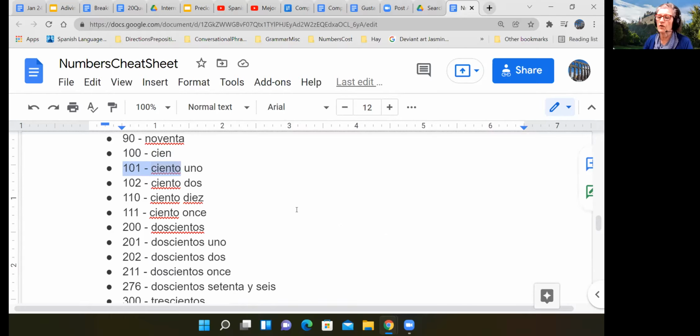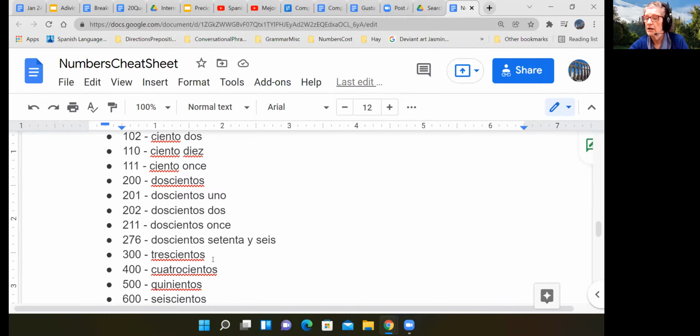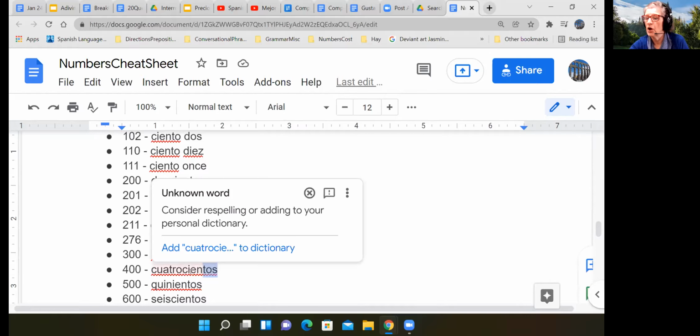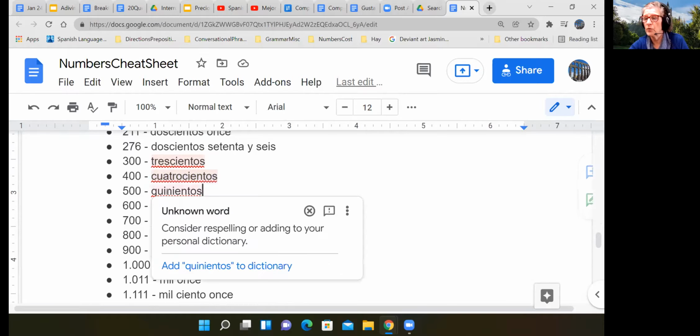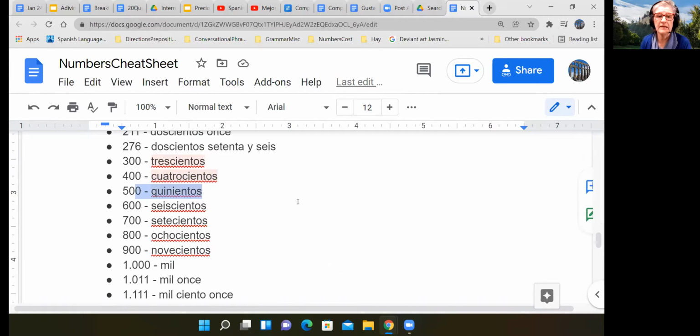101, 102, 110, 111, right? And then our hundreds numbers, 200, right? 300, 300s, literally. 400, 400s. Here's the one that nobody likes because it doesn't look like cinco.